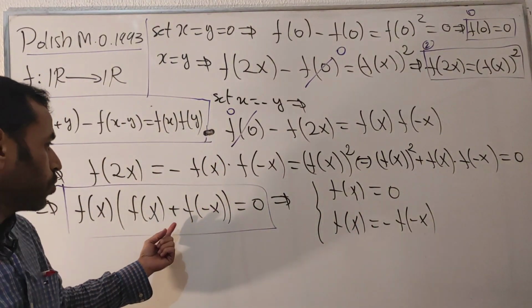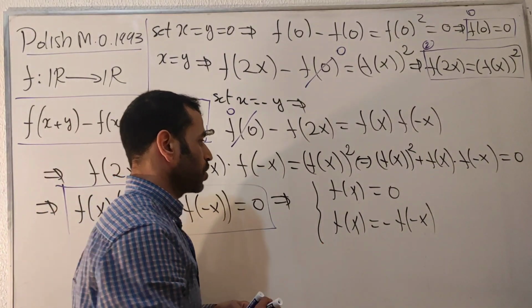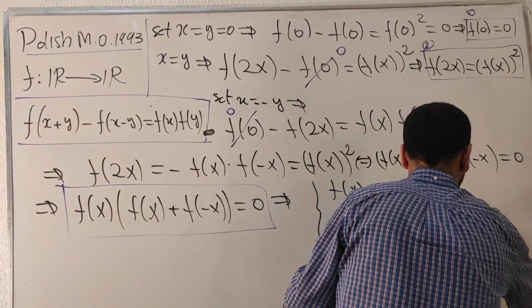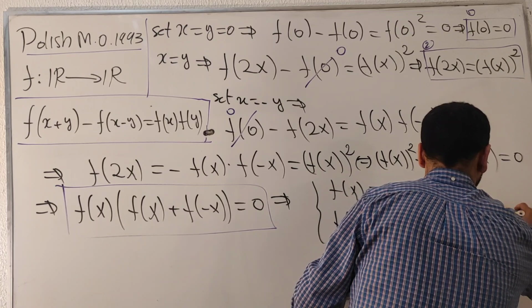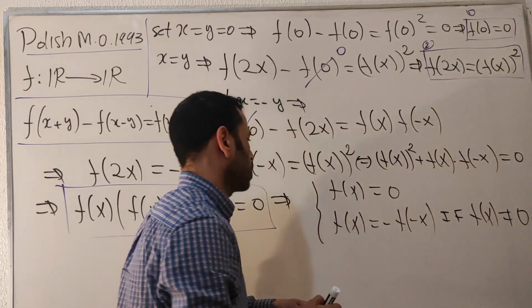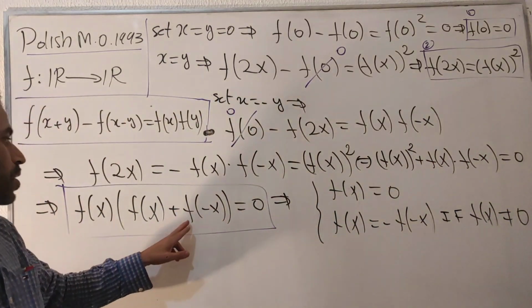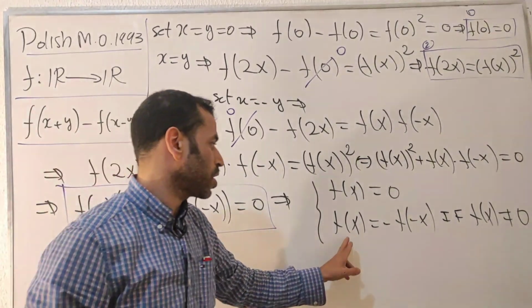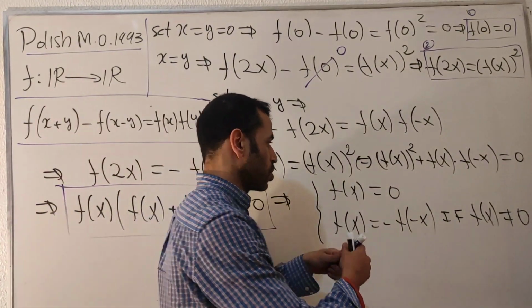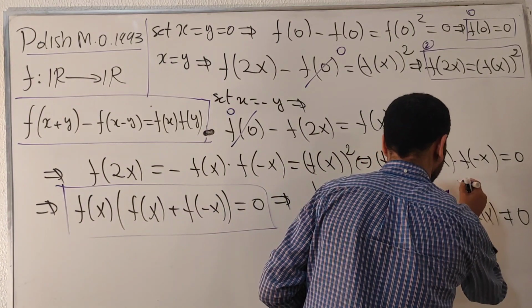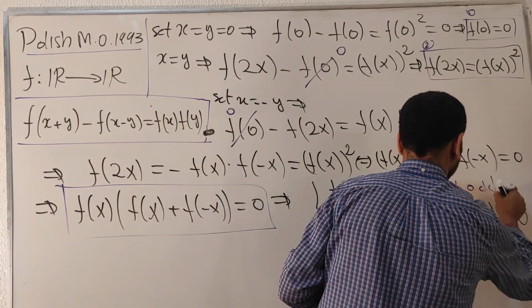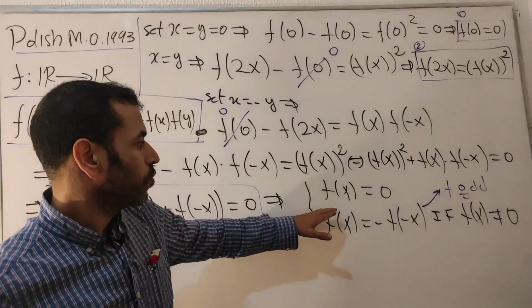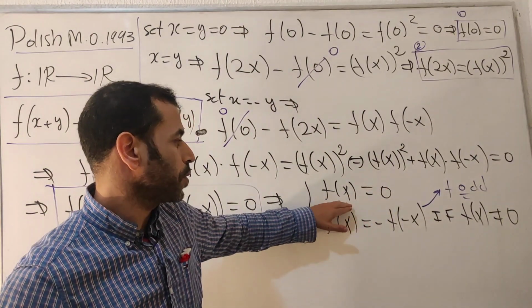The second one, if f of x is different than 0, is given as f of x plus f of minus x equals 0. By taking this one to the right side of this equation, I get f of x equals minus f of minus x. This one is telling us f is odd. For f of x equals 0, I'm going to stop here.